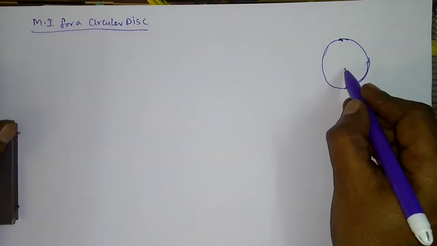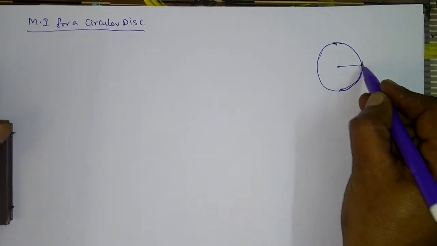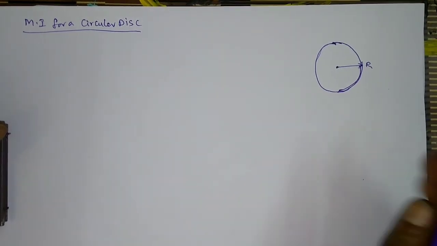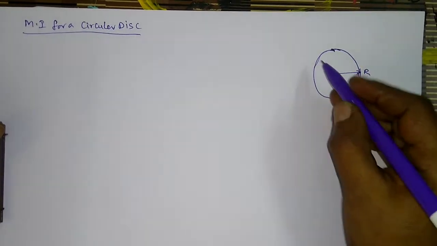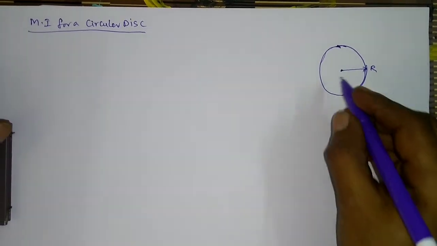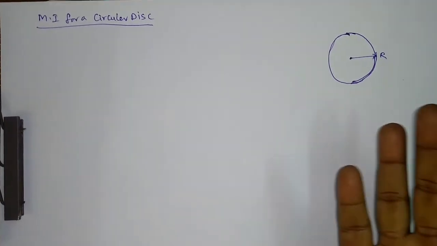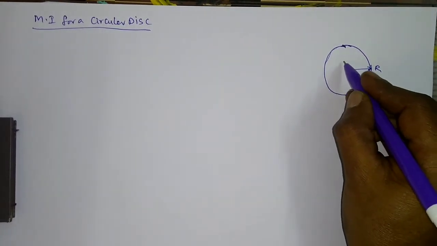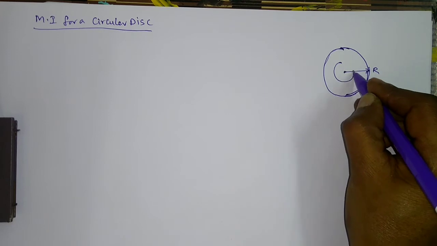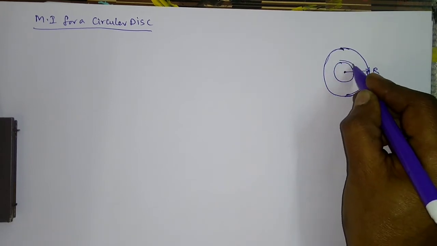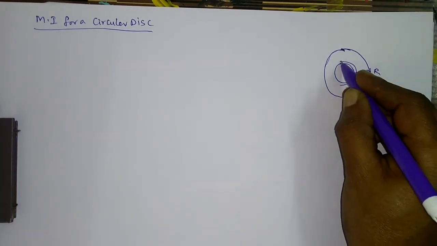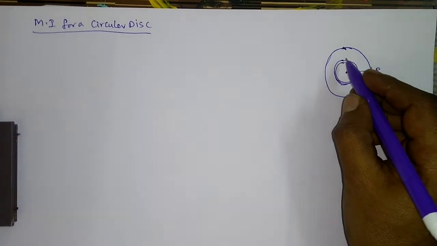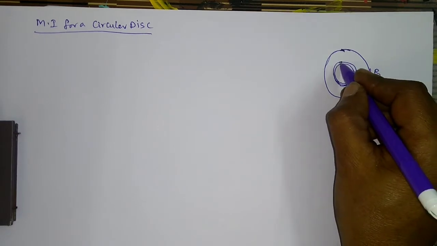Let us say the radius of the disc is capital R. Now this total disc consists of matter, and this can be derived from the circular ring concept. That means here let us assume a circular ring, that is some part of the disc which is in the shape of a ring.